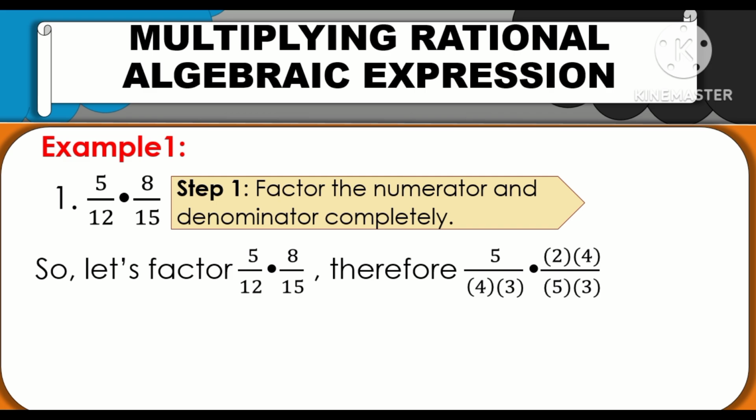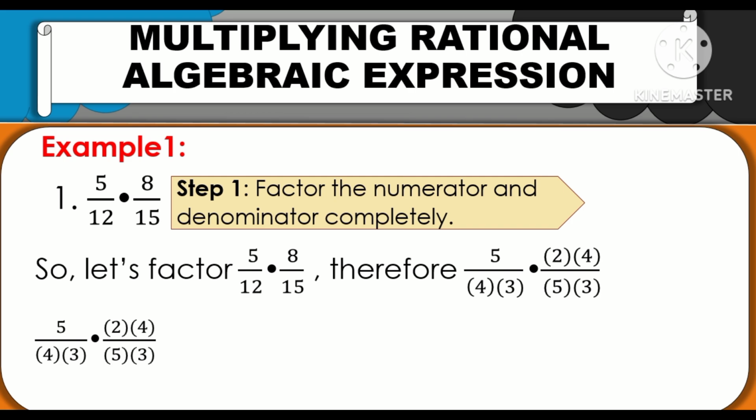Therefore, 5 over the factor of 12, which is 4 times 3, and 8 is 2 times 4, then 15 is 5 times 3. As you can see, we have common terms.